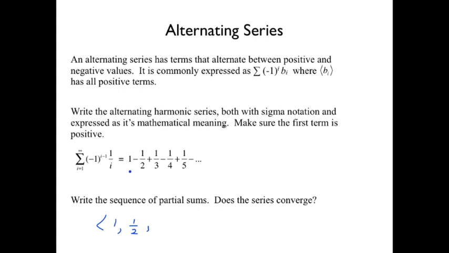So the third partial sum would be these 3, right? So it'd be a half plus a third. And the next one more would be, and I think that's, what is that? 5/6. Yep. Okay. Does it converge?